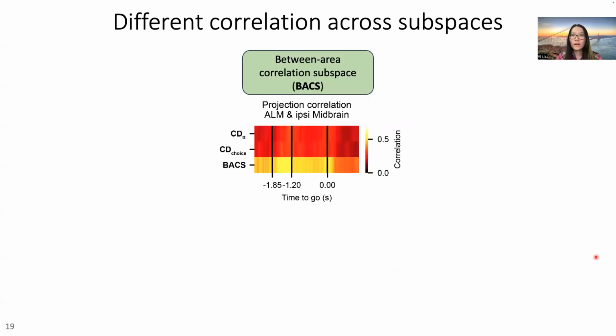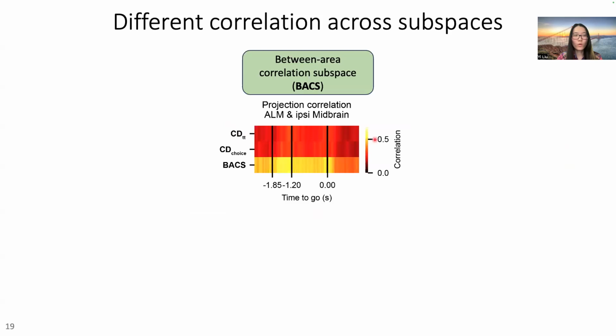So we just saw that the dynamics along the coding subspace are very correlated. So will the BACS also find the coding subspace, because BACS maximizes correlation? Here, we first calculate the projection of neural activity onto each of the subspaces, and then calculate the correlation between the projections in this example area pair.